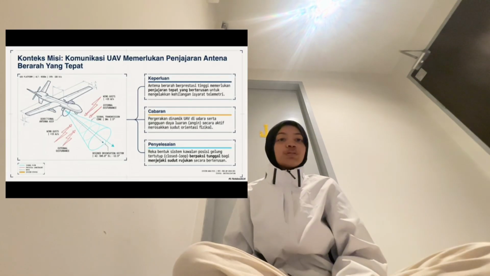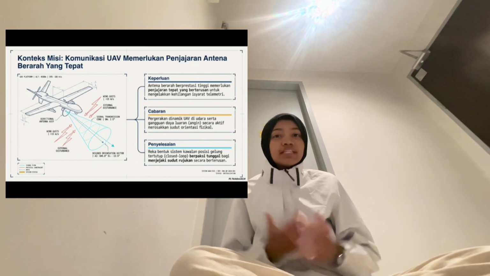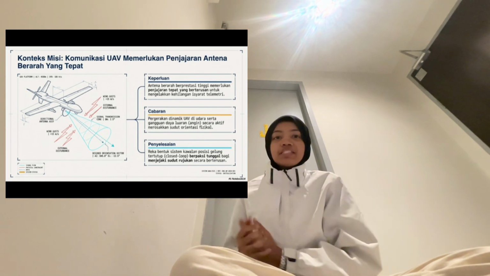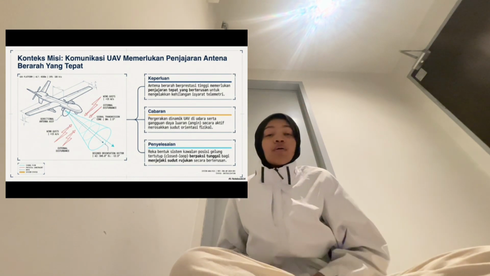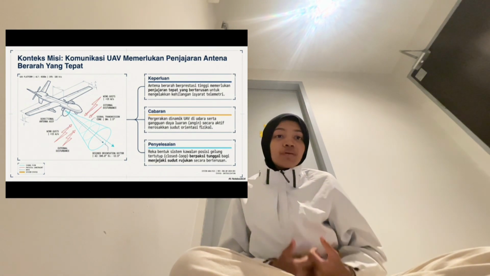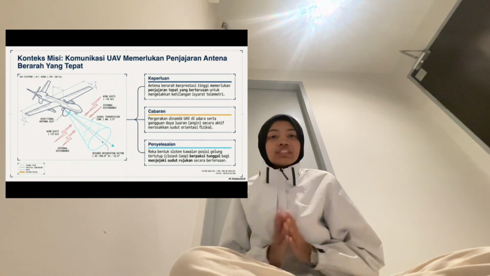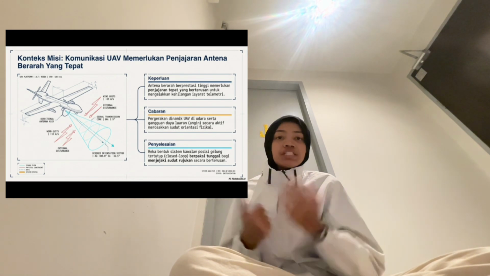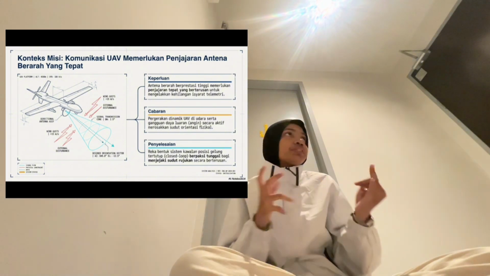So we go to the second slide to understand why this system is needed. Imagine a UAV flying with wireless communication with a ground station. During flight, the UAV constantly experiences disturbance such as wind, vibration, and changes in direction.